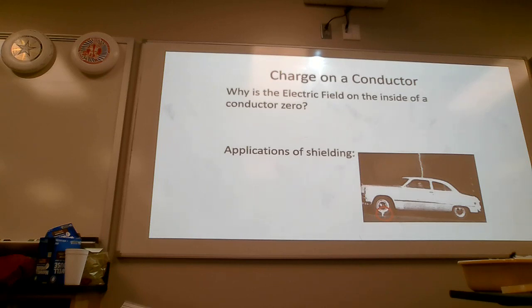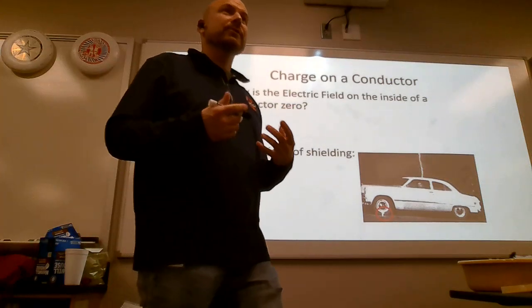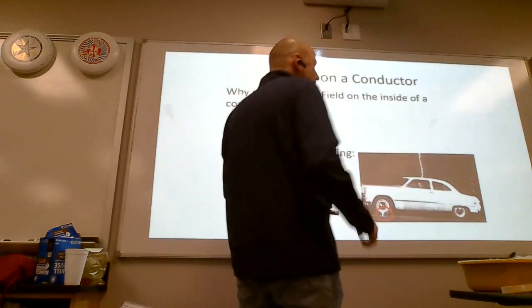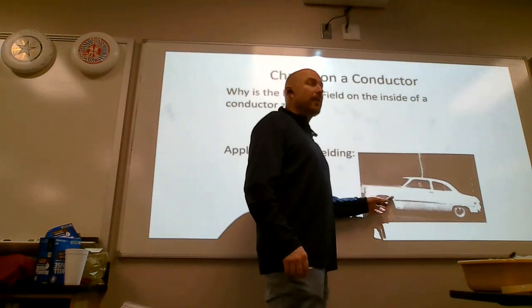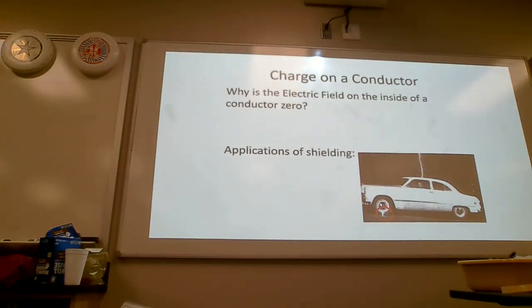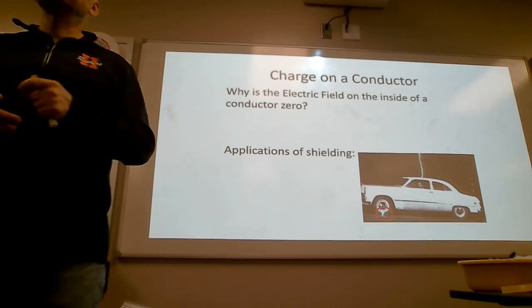The inside of a conductor has an electric field of 0, always in static electricity. You're safe because the frame of your car is metal. So let's say your car doesn't have metal siding, it has fiberglass siding, which are most cars. You're still safe because the frame of your car is metal. Okay, this effect is known as shielding, or sometimes you might have heard Faraday's cage. Same idea.